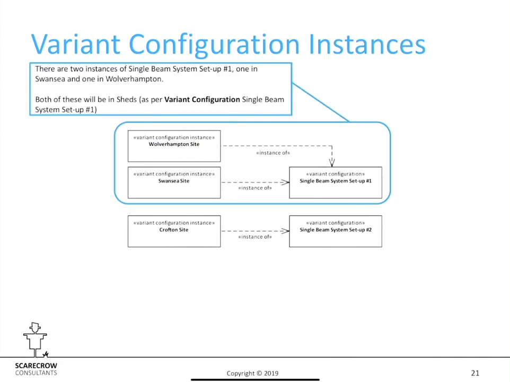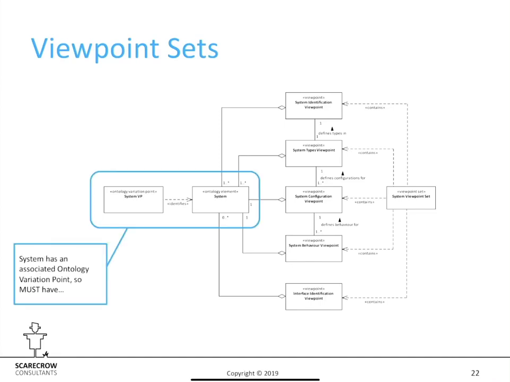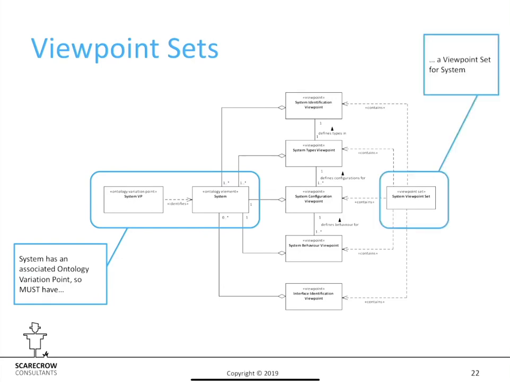And then the final concepts are around what we call viewpoint sets. We know that the concept of a system is going to vary because we've created an ontology variation point for it. So anything that has an ontology variation point associated with it must have what we call a viewpoint set associated with it.